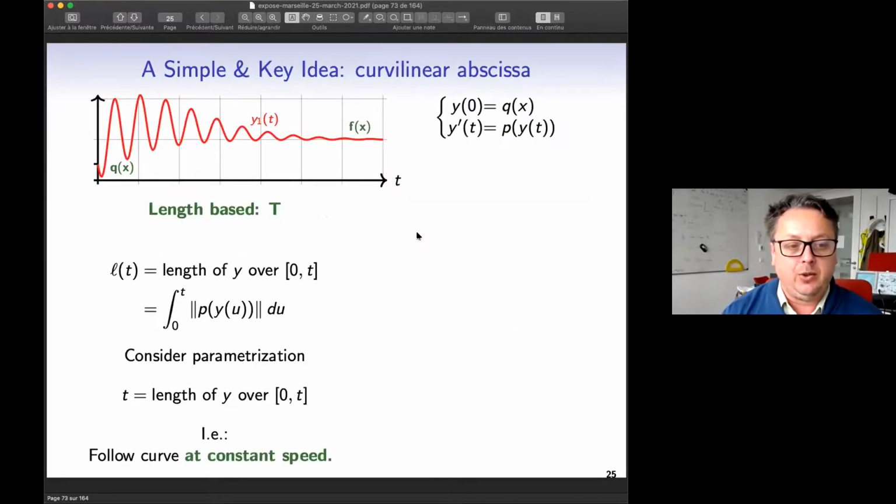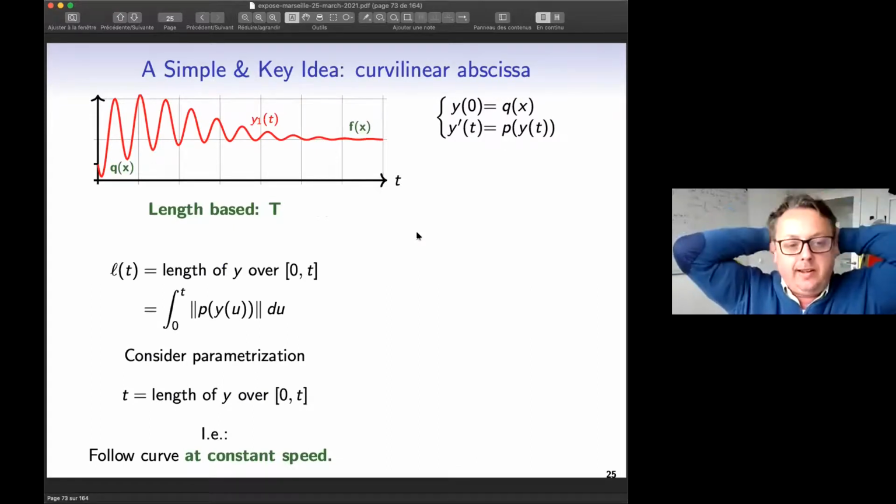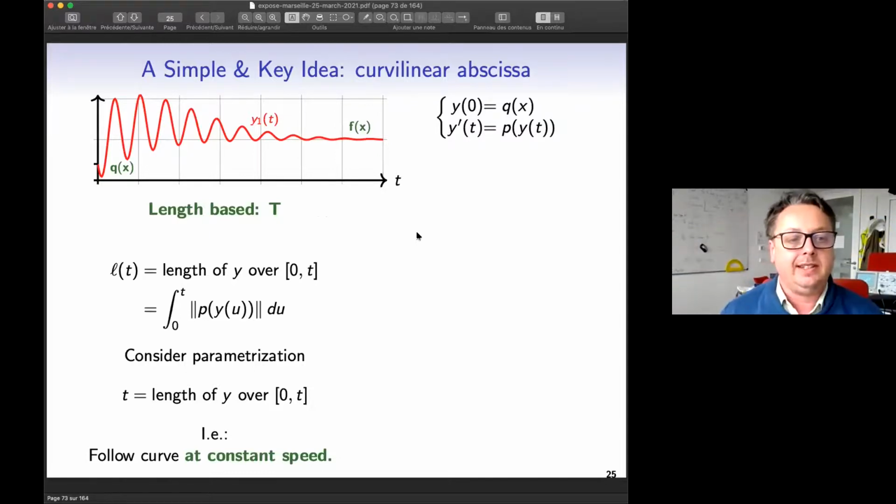So if you take a measure to be the time, you get that your notion of complexity is not robust. And what we did, the main result of the PhD of Amaury Pouly, was to realize that there is a way to measure complexity for this model, which is to measure complexity by the length of the curve.